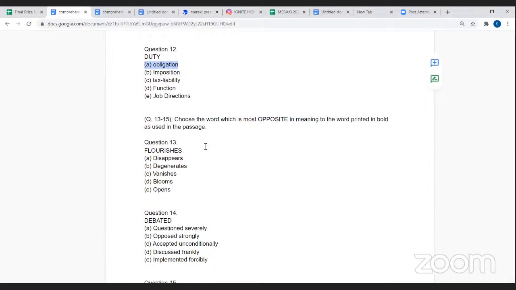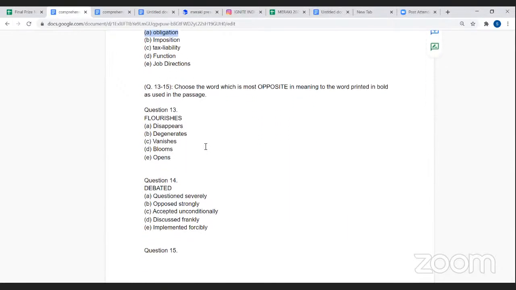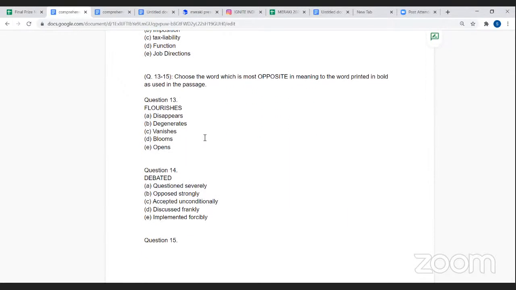Now we're looking at antonyms. Option B, degenerates.